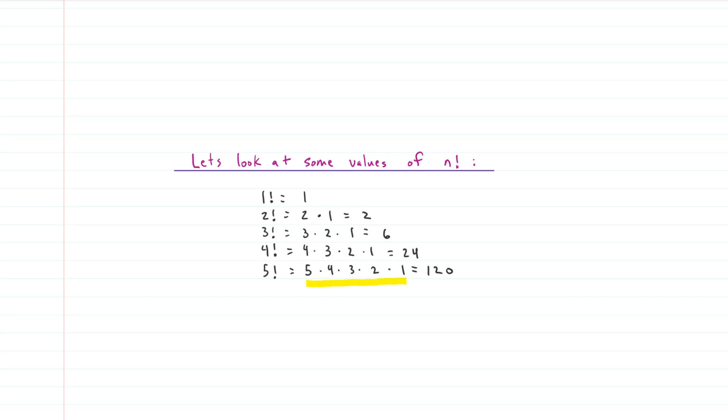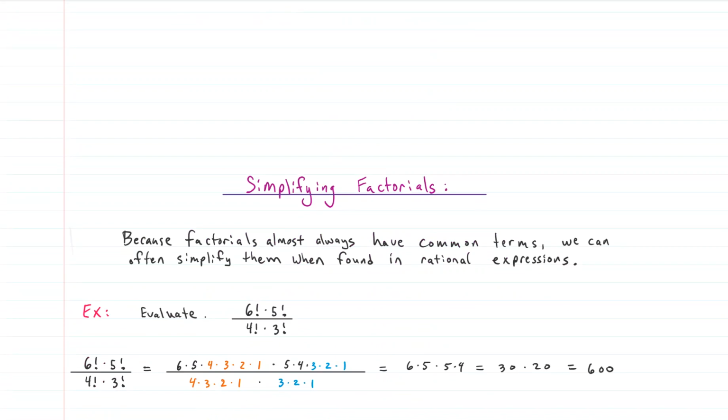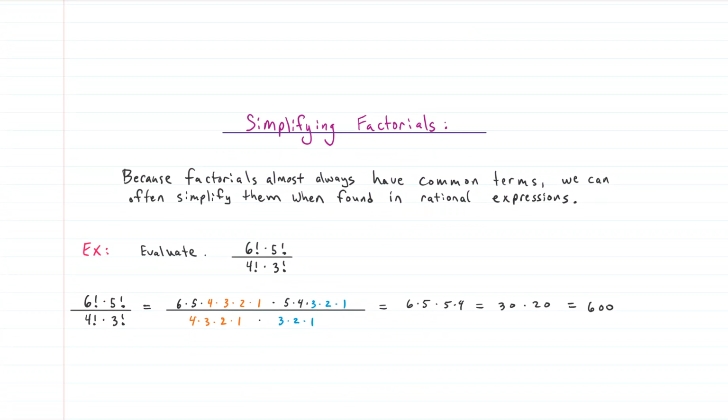But nested inside of 5 factorial, there is 4 factorial, 4 times 3 times 2, and 3 factorial, and 2 factorial, for that matter. They're all there. So there's a lot of repetition, which leads to a lot of cancellation when you're simplifying, which is fantastic. Some of you who are cancellation addicts, this might be your favorite video ever.